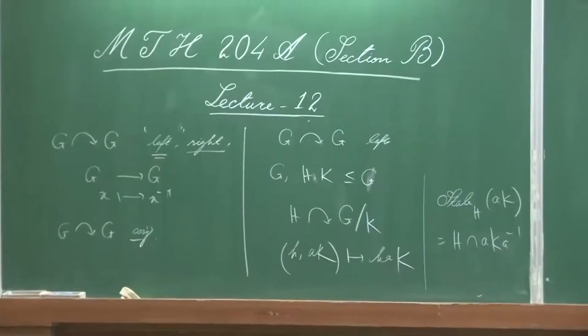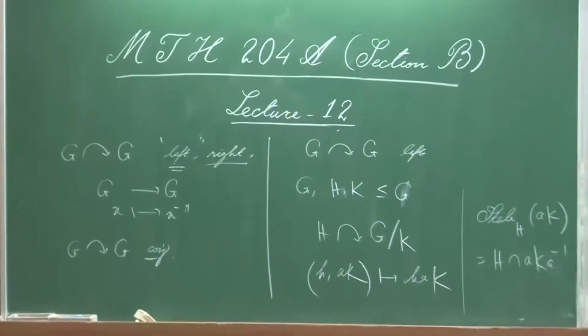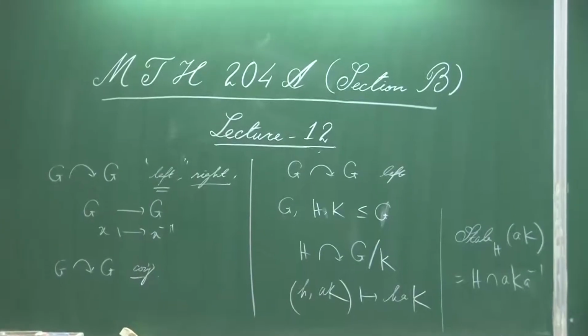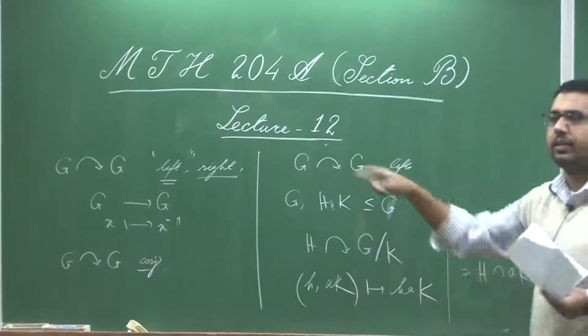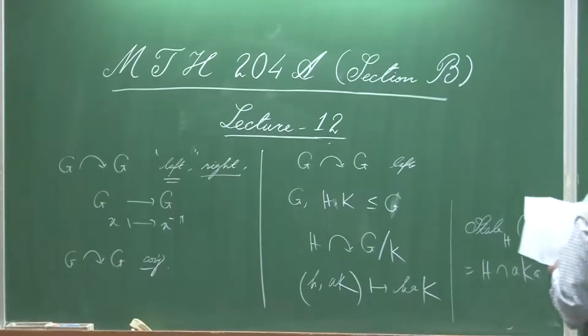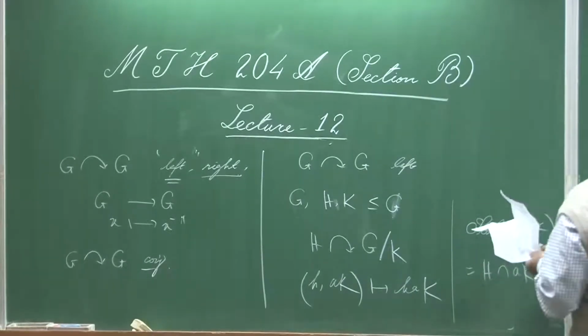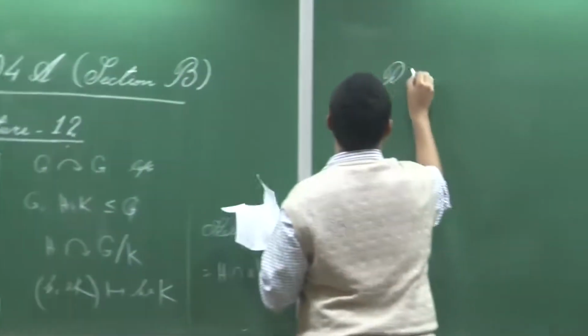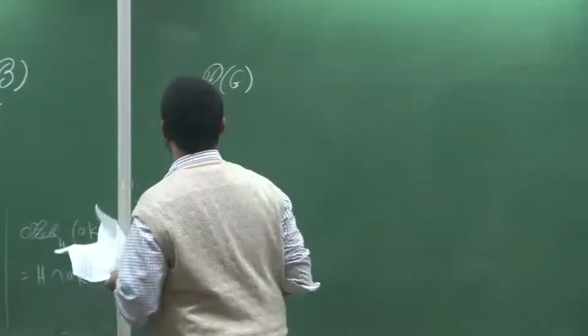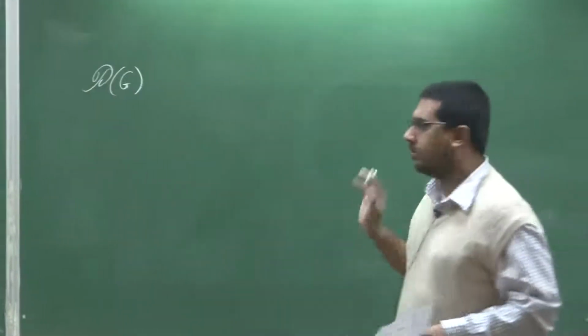Somewhat similar to that, we can observe that the action of G on itself by left multiplication indeed induces an action of G on the power set of G, the set of all subsets of G.